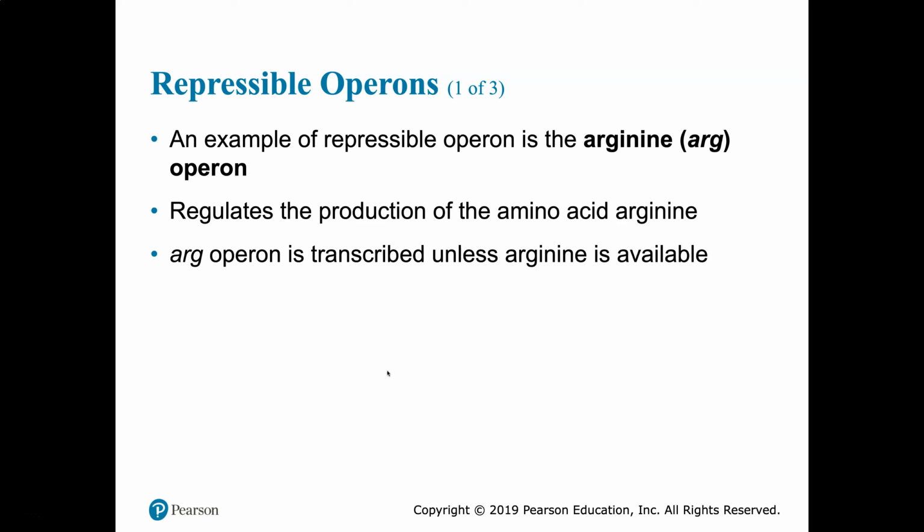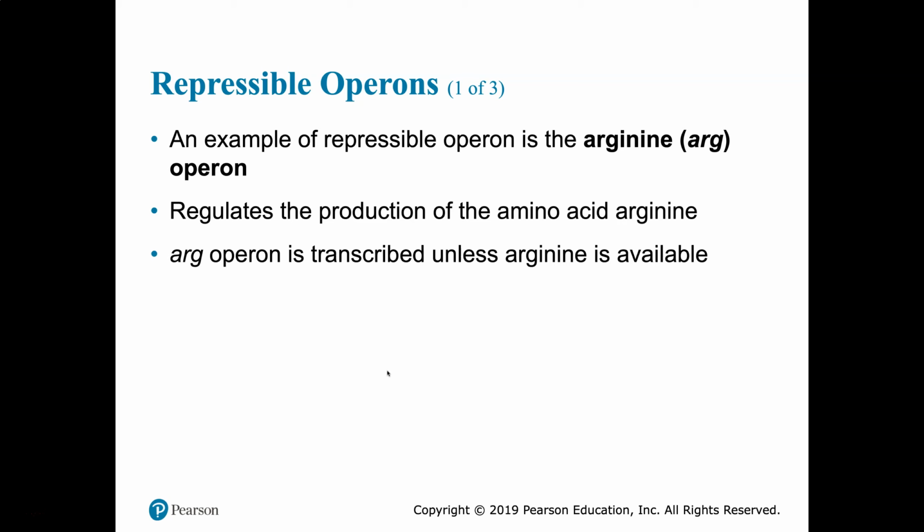And then the cell can use the stockpile of arginine that it has until there's very little left, and then they can restart the arginine operon. So they use their stores, however much they have stored, first.